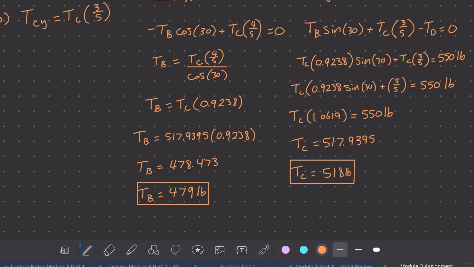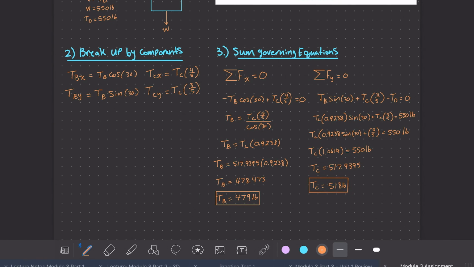And those are our two components. The third component would be that 550 pounds at TD.